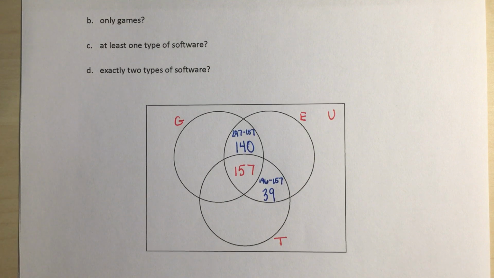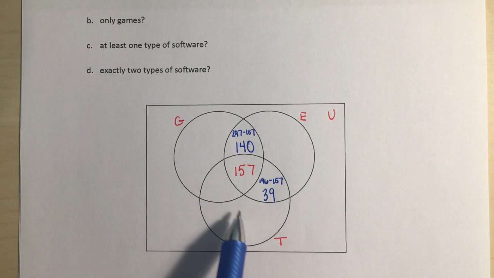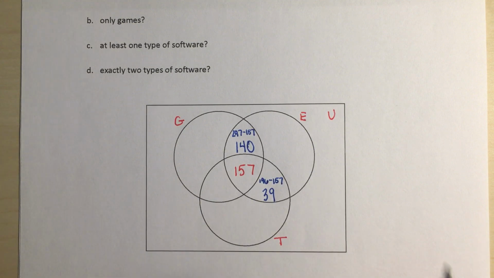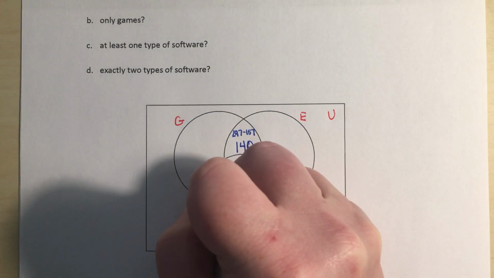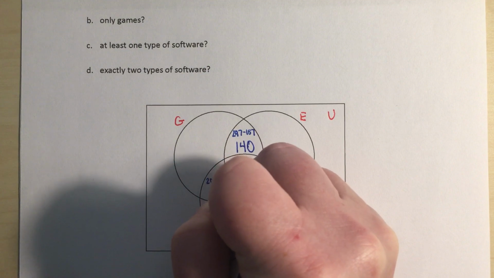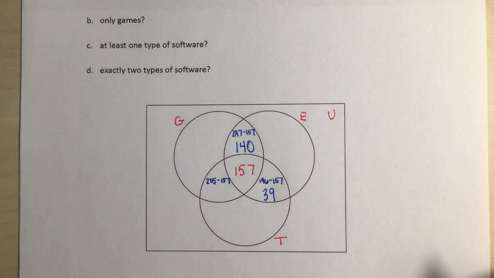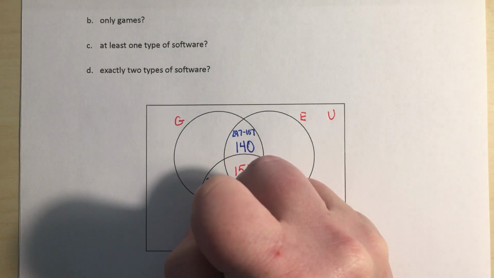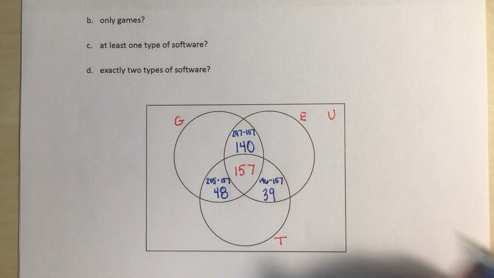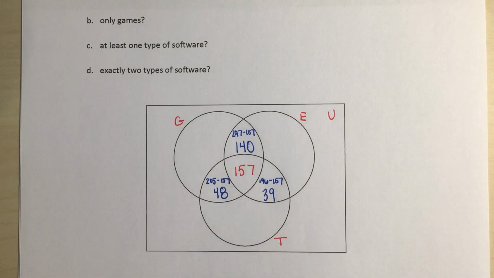Right, then we're told that 205 purchased games and utility programs. So we're looking at this here. Right, so we're going to take 205 minus 157. 205 minus 157 is going to give us 48. Right, so we use subtraction to fill in all of our different regions here.